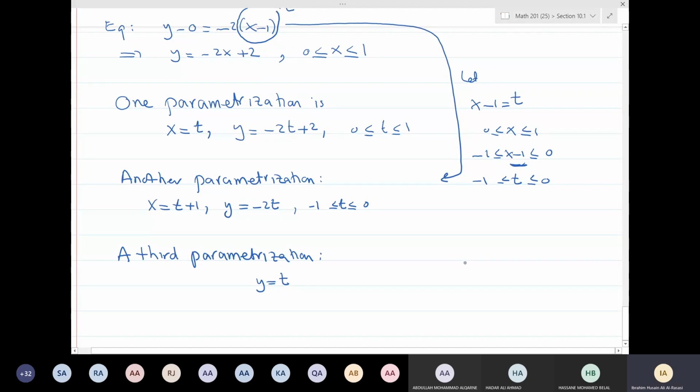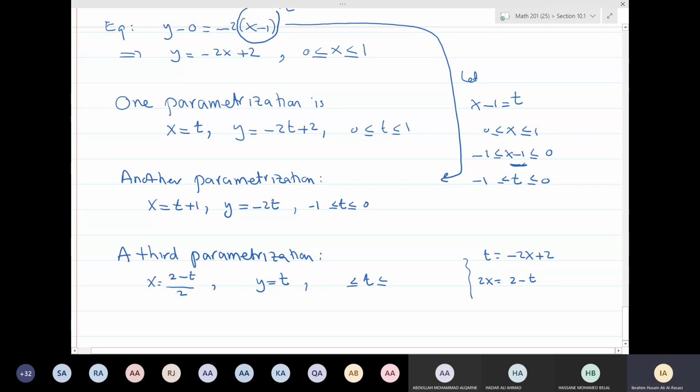Then in this case, how do I find x? You solve for x. Here t equals minus 2x plus 2. Solve for x: 2x equals 2 minus t, so x equals (2 minus t) over 2. Let y equals t and solve for x.